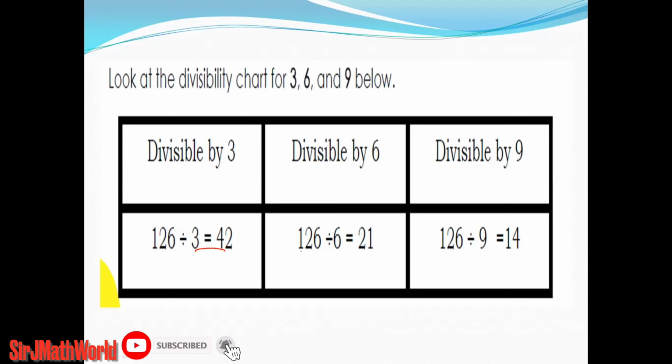Yes. 126 divided by 6 is equal to 21. The quotient is 21. Divisible by 9? Yes. 126 divided by 9 is equal to 14. So, the quotient is 14. So, 126 is divisible by 3, divisible by 6, and it is also divisible by 9.